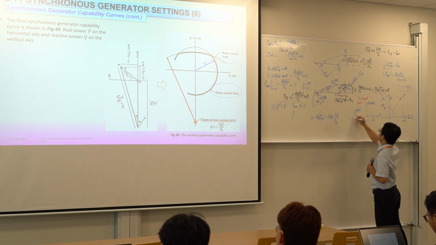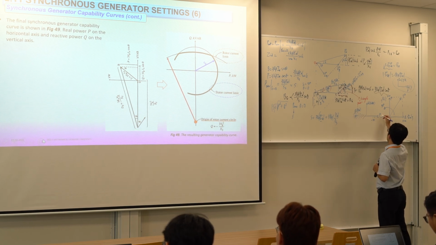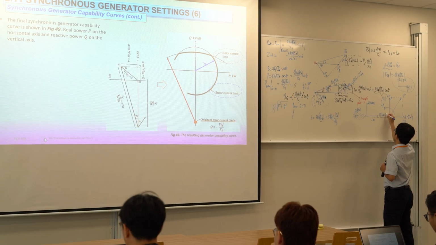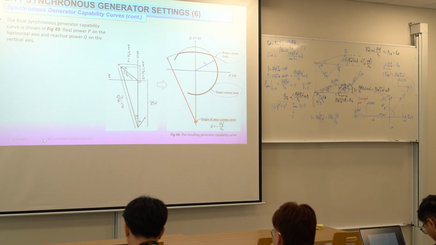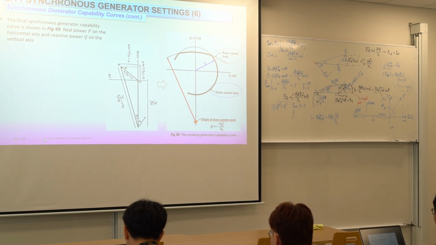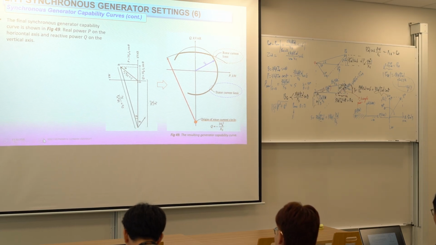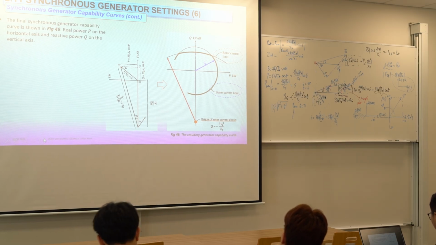So now we skip this one. We say here is P in kilowatts. Why? Because the power is always positive, and in the same direction as the x-axis. So I modify a little bit, so P is in kilowatts.